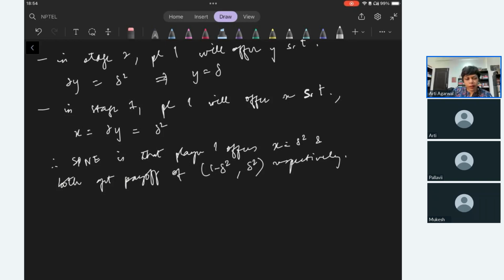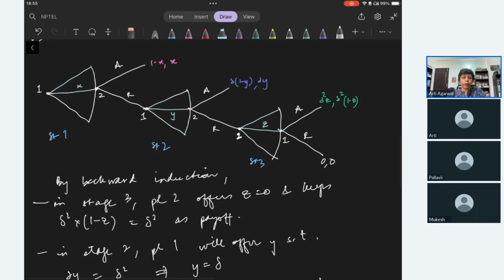Sorry, I didn't understand your question. What would the answer have been if the second stage player was not player one, but the other one making the offer? Is that why the answer is different? So yes, the answer is going to be different if in this game you had first stage player one making the offer, second stage player two making the offer, third stage player one making the offer, like how you normally have in traditional bargaining questions.